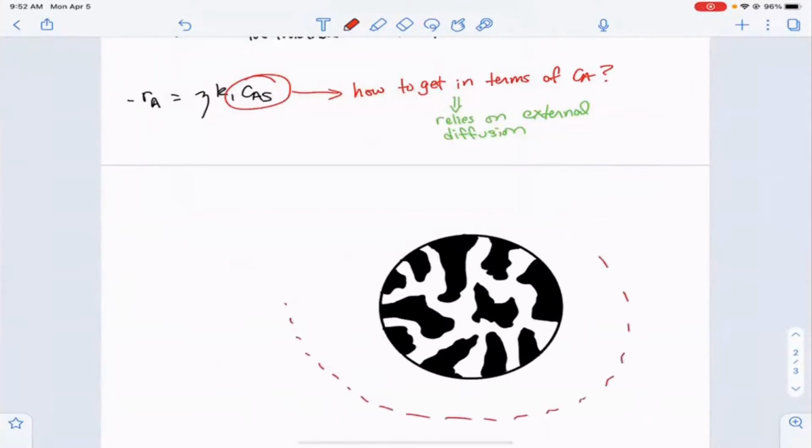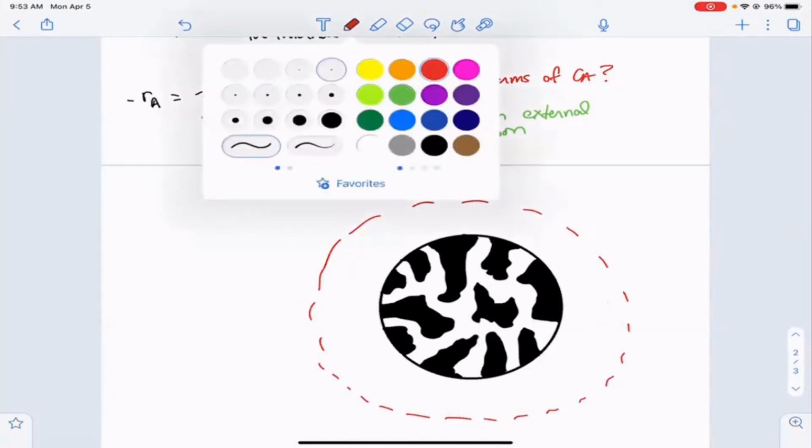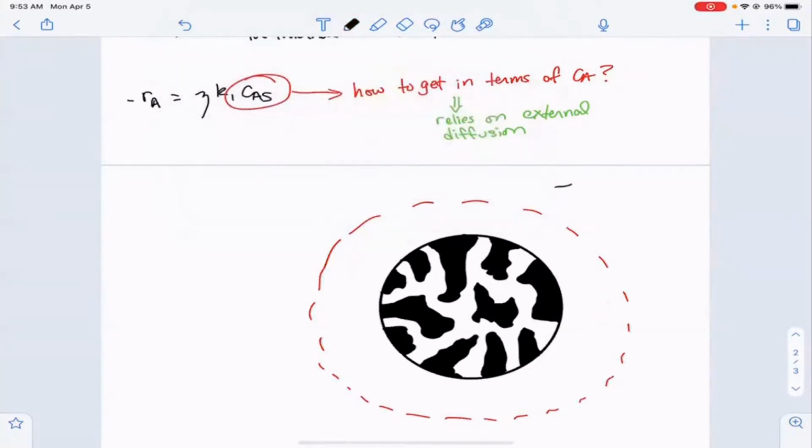It's in a packed bed reactor, and there's a boundary layer or diffusion layer thickness around this particle. And so now we have to consider multiple things when we talk about the reaction rate. We can be limited by just kinetics, by the internal mass transport, and also by the external mass transport.